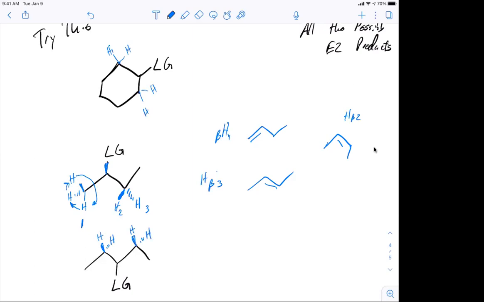And the first step is just identifying your beta hydrogens. So again, beta is 1 away from where your leaving group is going to be attached.